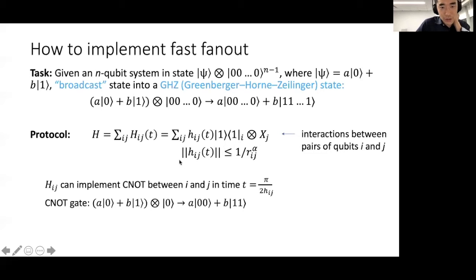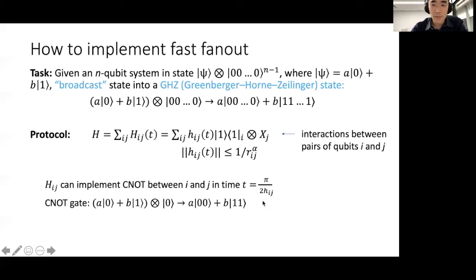And these interactions have some coefficient that decays as a power law in the distance between the qubits. If you stare at this for a little bit, you can see that H_ij can implement this controlled NOT gate between i and j in time that is inversely proportional to the strength of the interaction.